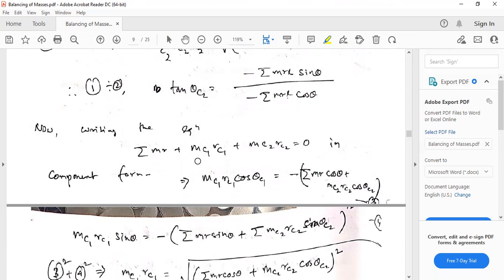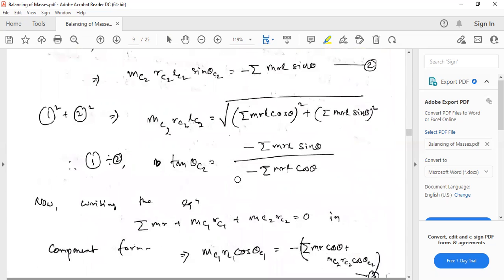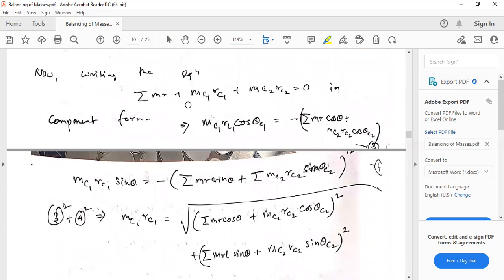The other one we find by solving the previous equation. Now we know these two, and only mc1 and rc1 are unknown, so we can use that equation and find these two. Here also we have components. So mc1 rc1 cos theta c1 we have taken on the left hand side, and we have taken the others to the right hand side, writing their components.